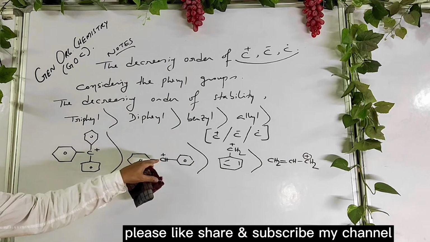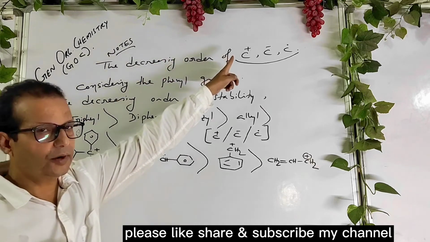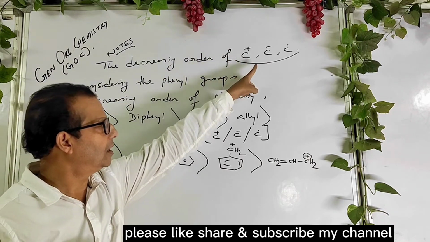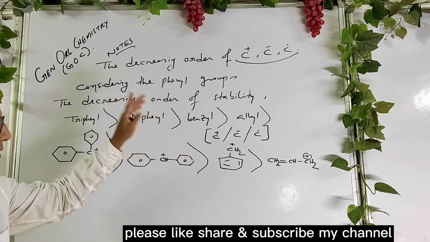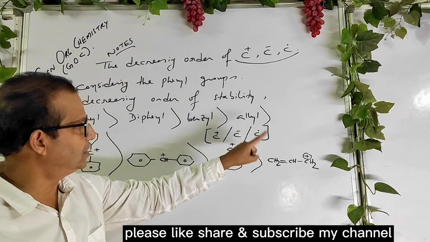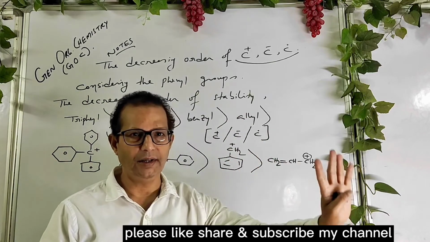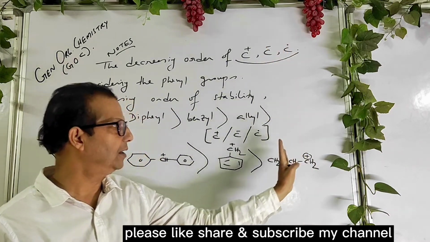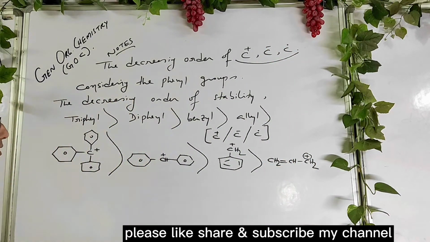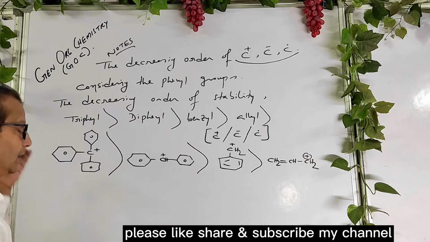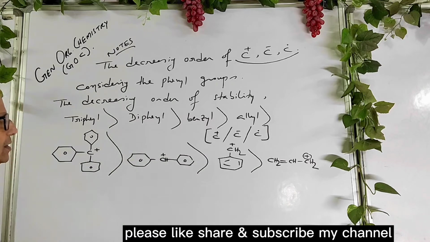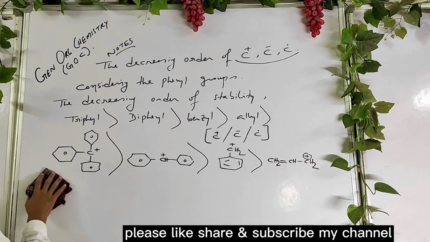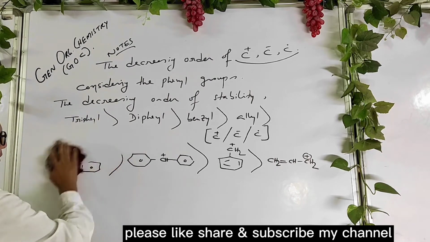So remember it, whether it is carbocation or carbanion or free radical, this is the stability order. And if you consider the alkyl group, I have already mentioned the stability order earlier. I have seen entrance questions to mention the decreasing order or increasing order of stability. So let's check the next question.